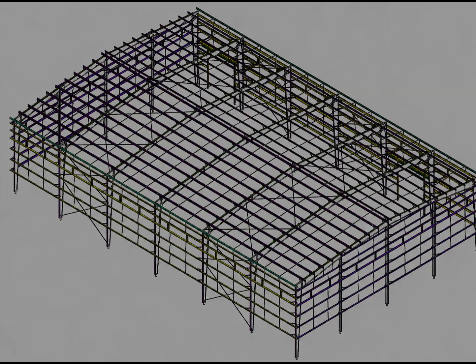This also completes an important sequence in our sag rod study. We first introduced the concept of a sag rod. Then we identified the sag rod in the end wall framing. After that, we studied its location in the side wall framing. Then we located the sag rods in the roof framing plan.